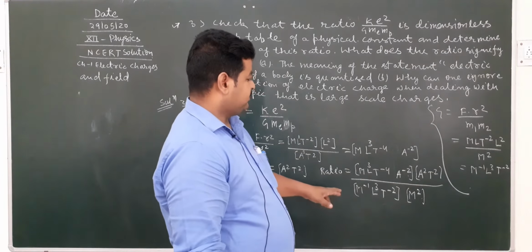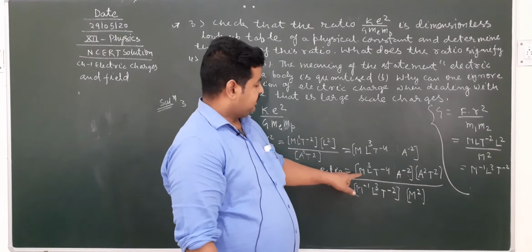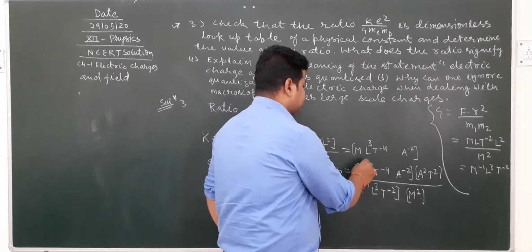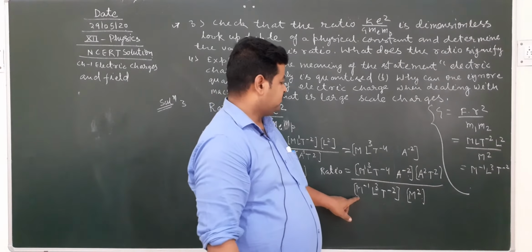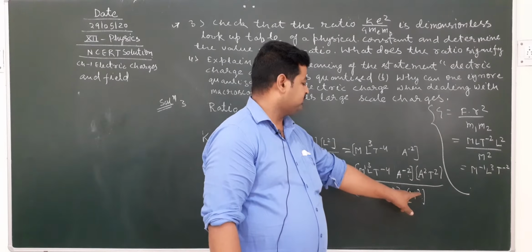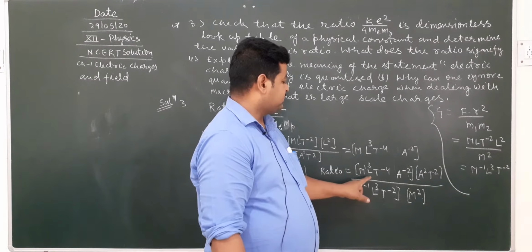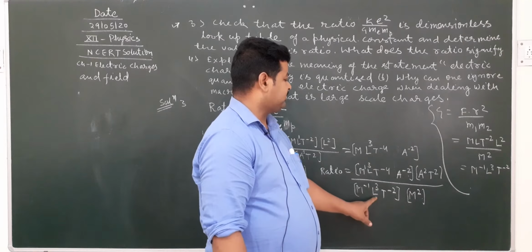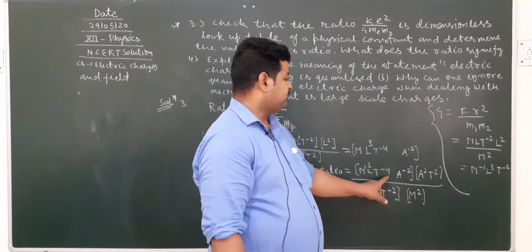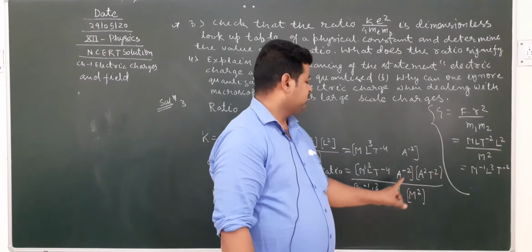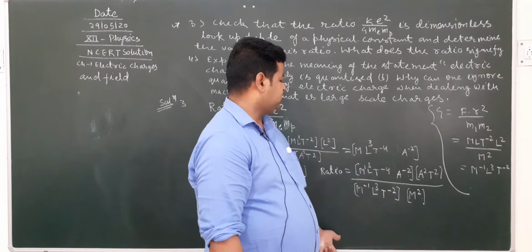Here we observe that the power of M is 1 in the numerator and 1 below, so M cancels. L raised to power 3 also cancels. T minus 4 minus 2, so T minus 2 and T minus 2 cancel.